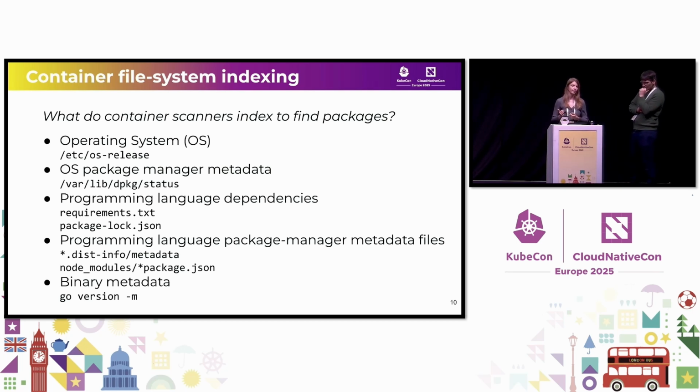Here is an example to find dpkg packages for Debian. Concerning programming languages, we have the dependencies and the files installed via the package manager: requirements.txt for Python, package-lock.json for Node.js. And with the package manager, we have dist-info for Python and node_modules for Node.js. And finally, we can retrieve some information about the binaries.